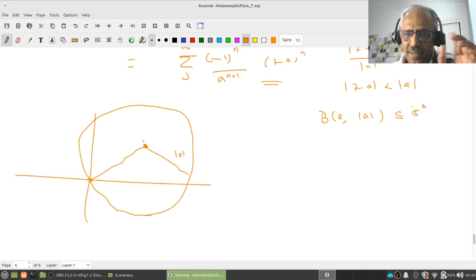Also notice that this is the ball of maximal radius R such that B(a, R) is completely contained in C star. Do you appreciate that? So the maximum possible disk centered at a which is contained in C star is this, and on that there is a power series expansion.